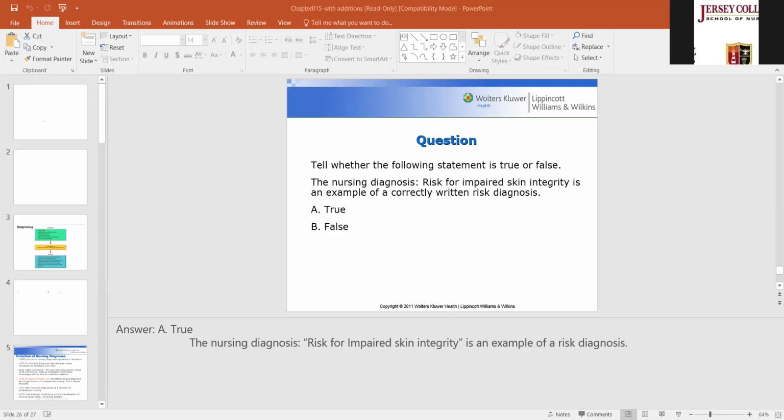So let's say my diagnosis was risk for ineffective breathing and it was related to poor tissue perfusion or something like that. I wouldn't be able to put that related to factor in.